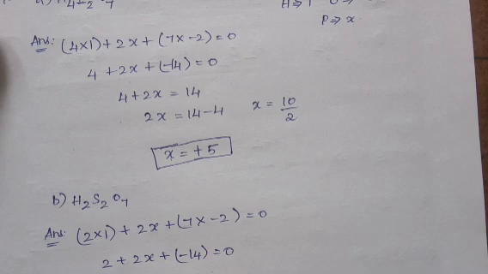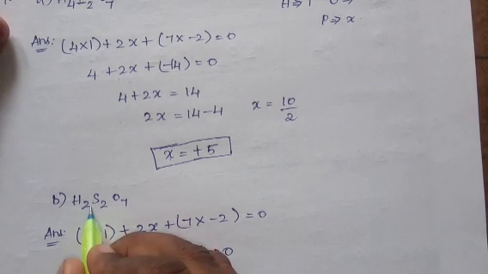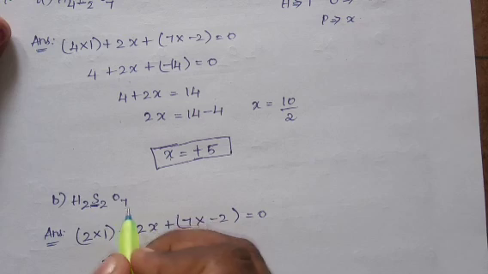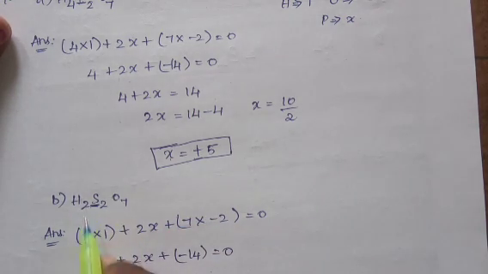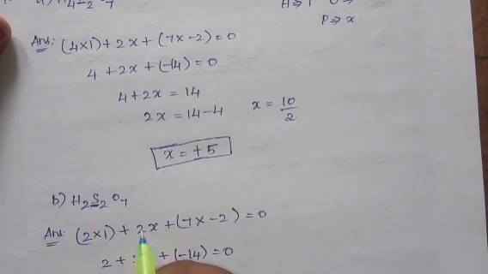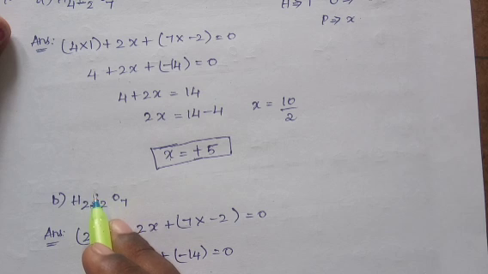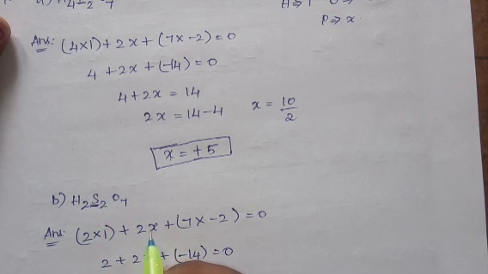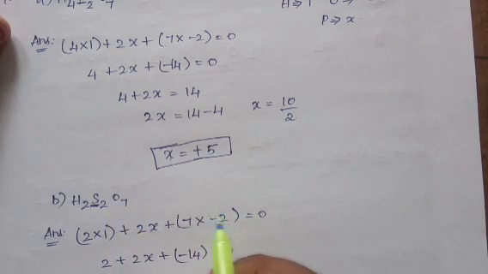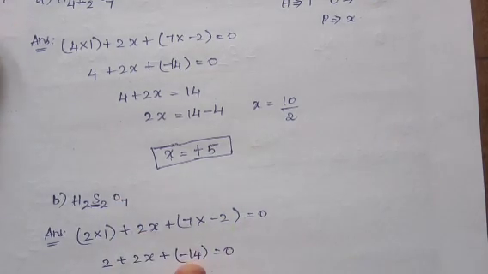Next, second one, H2S2O7, where S is the underlined one. First we write the subscript 2 into oxidation number of H, +1, plus subscript 2 into the unknown, which we take as X, plus subscript 7 into oxidation number of O, -2, is equal to 0.